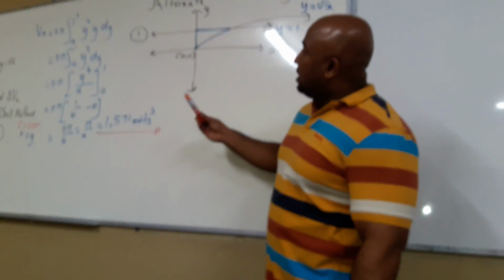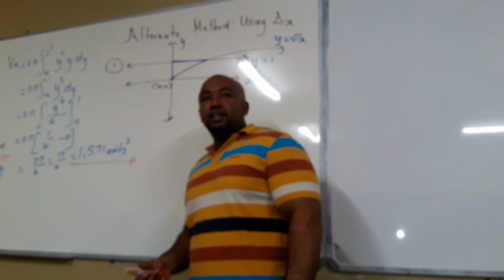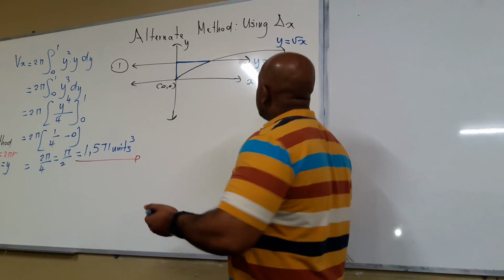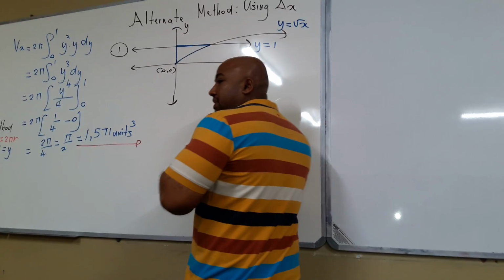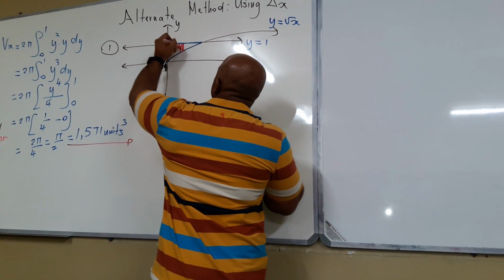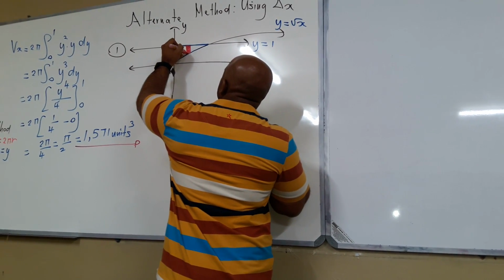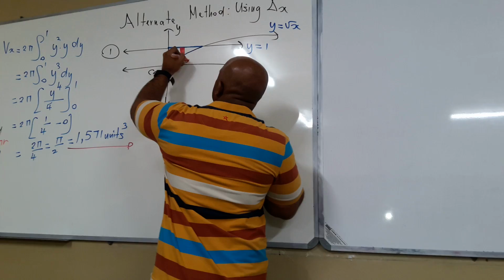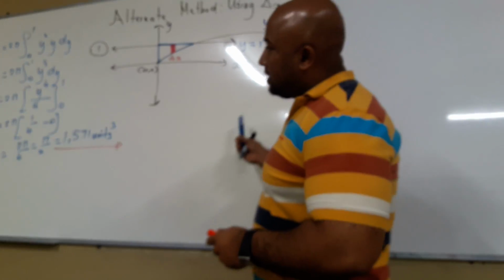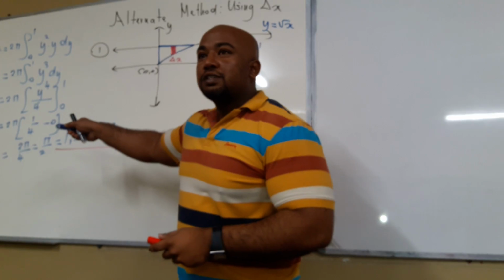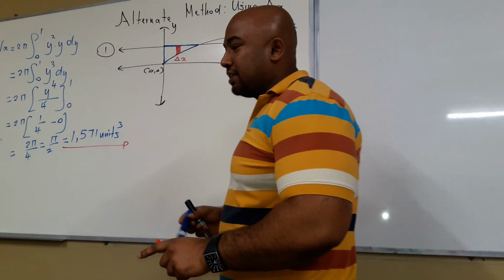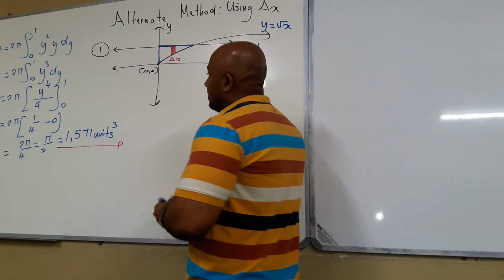Alright, so let's assume now you sketch the enclosed area and you decided to use delta x. Okay, so let's start with the one that we just stopped at, rotating about the x-axis so we can see the difference there.